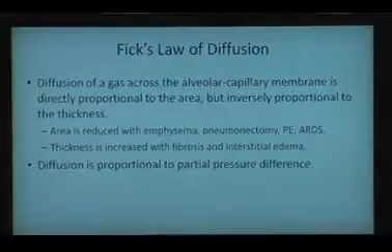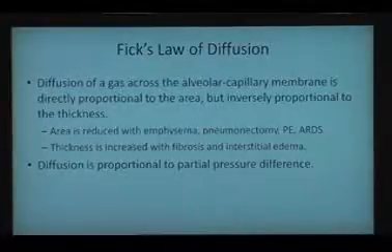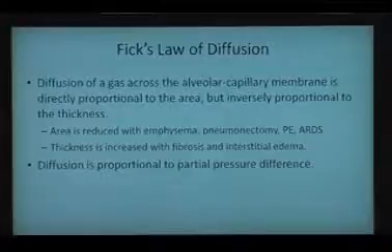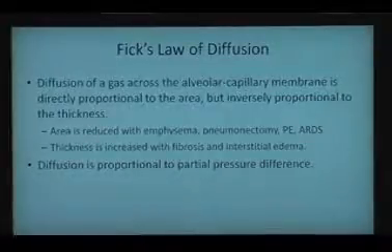So Fick's law of diffusion then says that the diffusion of a gas across the alveolar capillary membrane is directly proportional to area. And in our normal lungs, that's a large area. It's inversely proportional to thickness. In normal lungs, the thickness is very small.